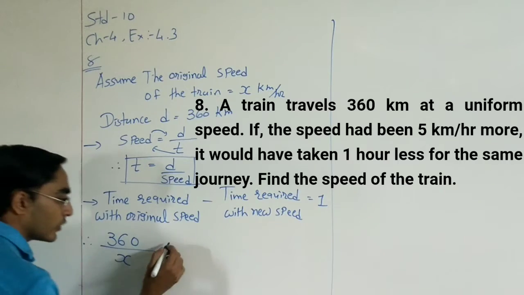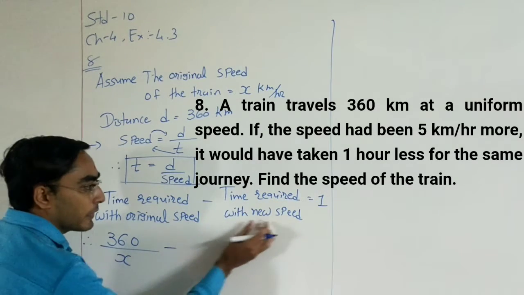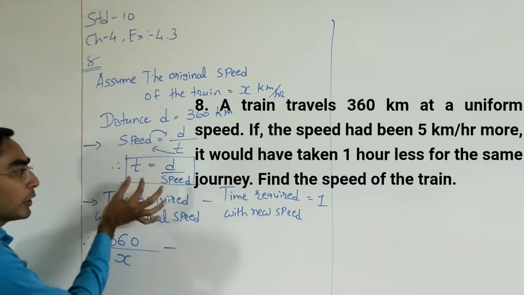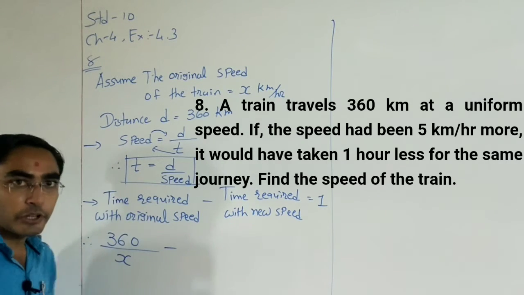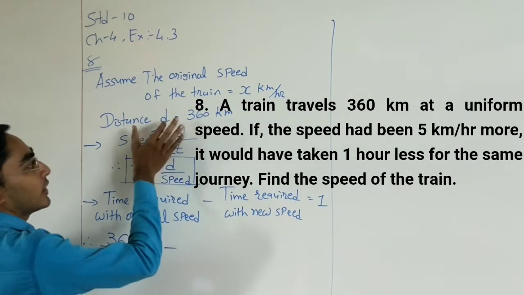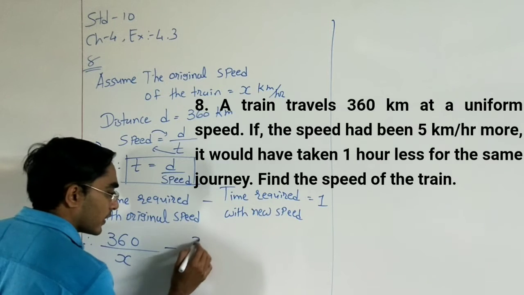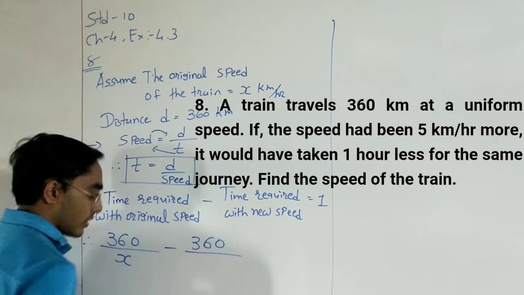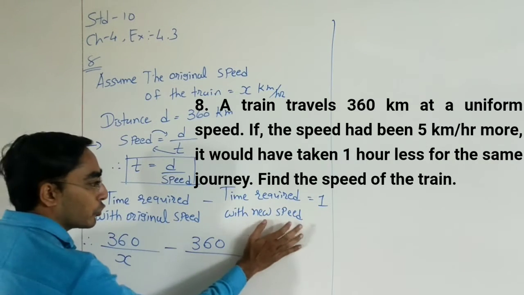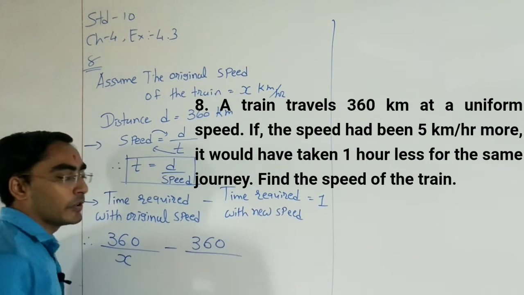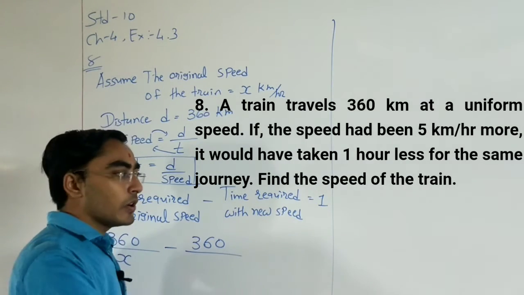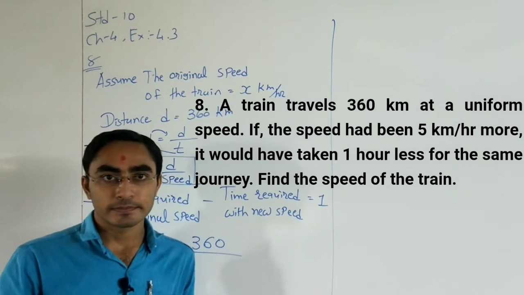Now subtraction. So minus time required with new speed. Again distance D, this is the formula of time, distance by speed. Again our distance is the same for both cases, it is 360 km. So here 360 divided by speed, but which new speed? What is given in the equation? We need to increase the speed by 5 km per hour.